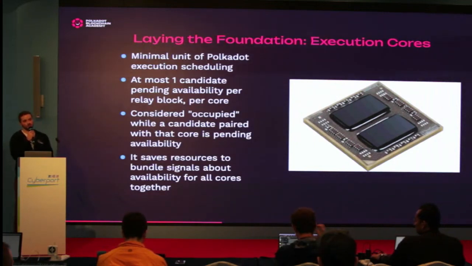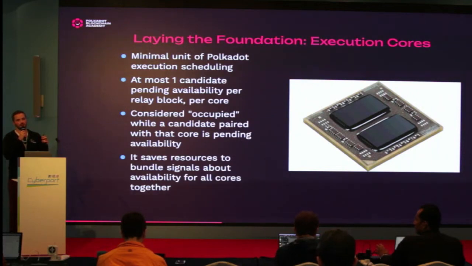So really the way we coordinate around cores has to do with the data availability layer. That's why I went to describe cores in this lecture. A core is considered occupied when a candidate from a particular parachain is pending availability for that core, and that's how we fill a core and then coordinate all of the decisions that are being made around cores.